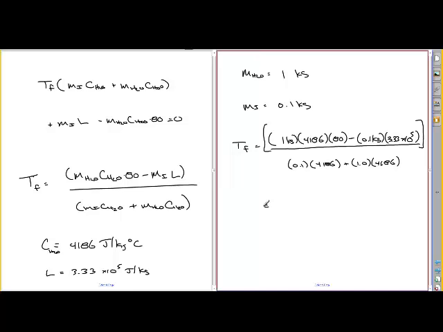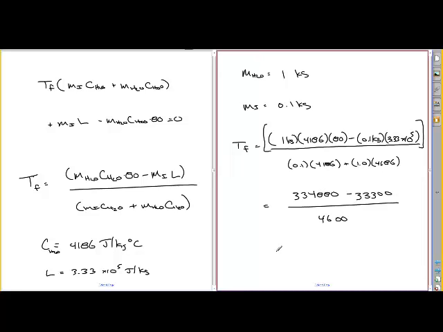So we'll list both numbers so we can just see what they are. 4186 times 80 times 1 is equal to 334,880. And 0.1 times 3.33 e to the 5th is 33,330, divided by the stuff on the bottom, which is 0.1 plus 1, which is 1.1 times 4186.